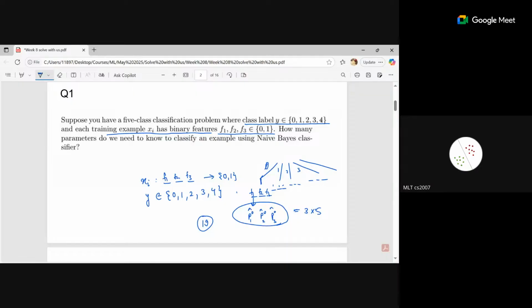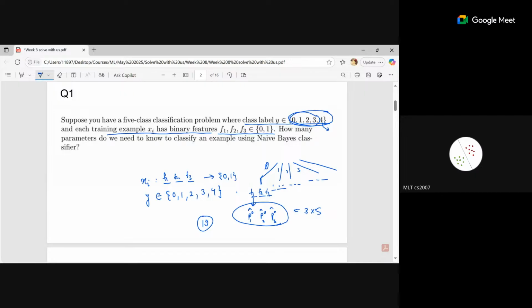You have 0, 1, 2, 3, 4, right? So if you know any four of these, the fifth one you can estimate because the sum of probabilities has to be one, right? So if you know any four, you can easily find the fifth one.